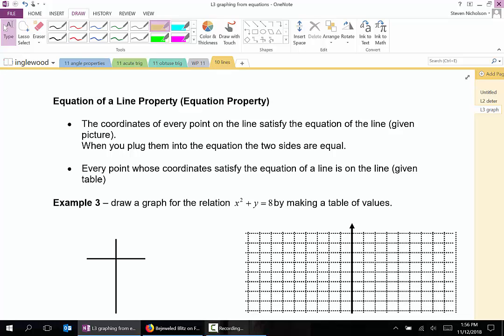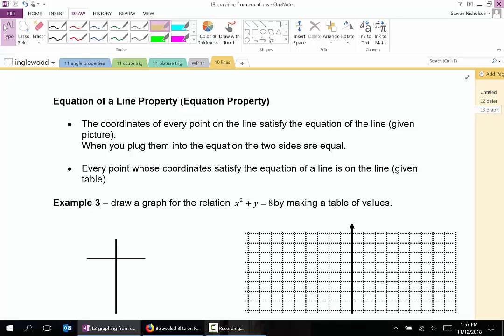And basically what it says is every coordinate of every point makes the equation true. So if you pick any coordinate of any point that we've just plotted in the previous example, you plug it in and it works. And the other side is, this is actually what we did: every point whose coordinates satisfy the equation is on the line. And really that is our table of values.